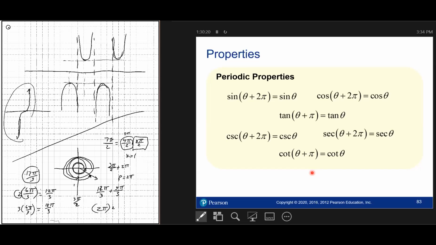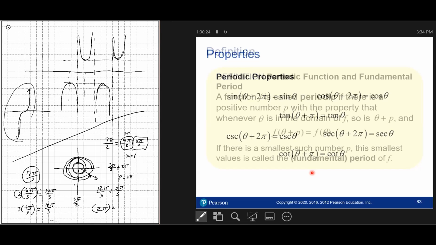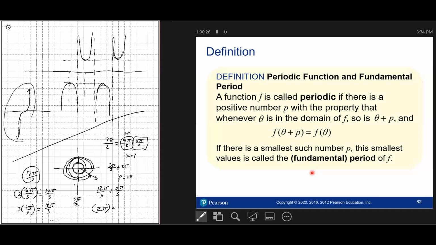And then what's the rest of the equation? Well, the period times k plus theta.